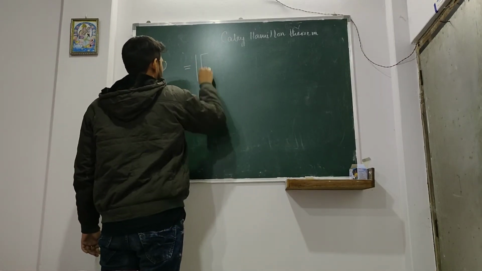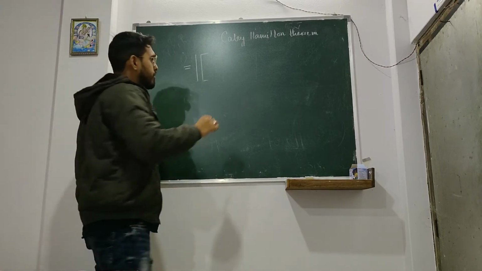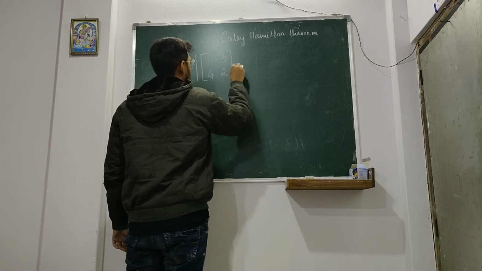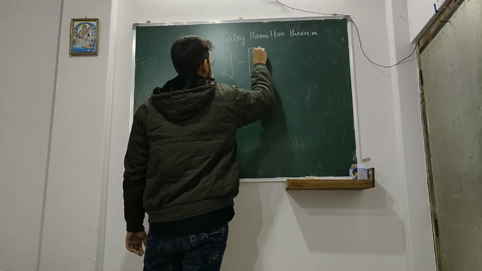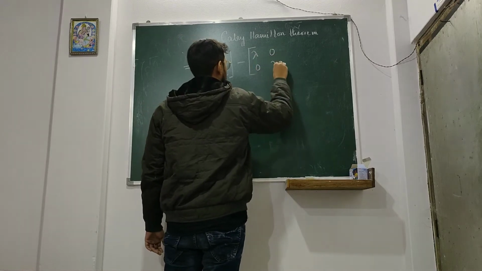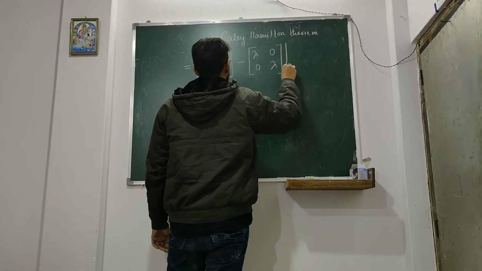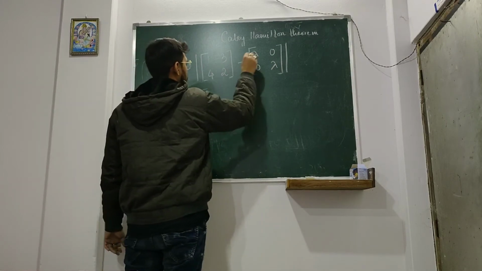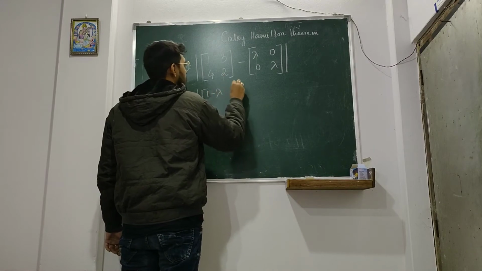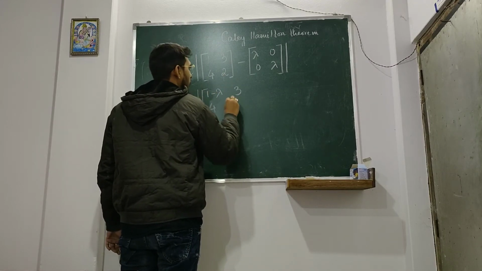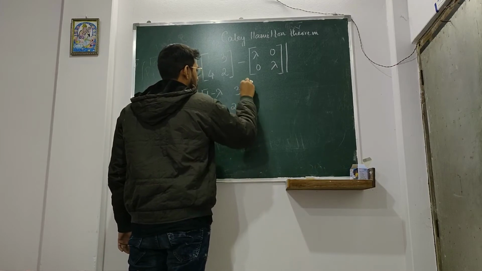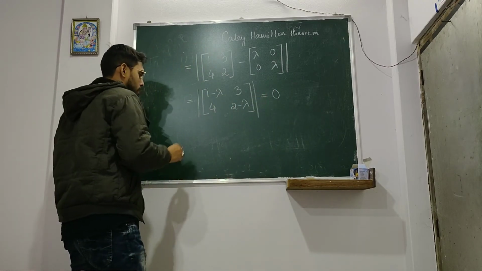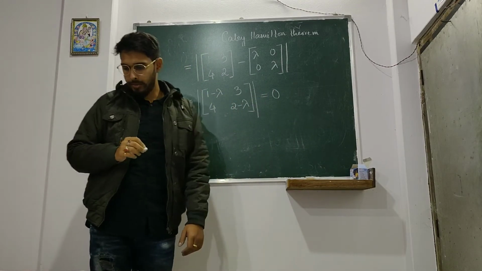It is the determinant of 1, 3, 4, 2 minus lambda 0, 0 lambda, and the final form comes like 1 minus lambda, 3, 4 and 2 minus lambda, and this shall give me 0. Okay, so that is the final form.